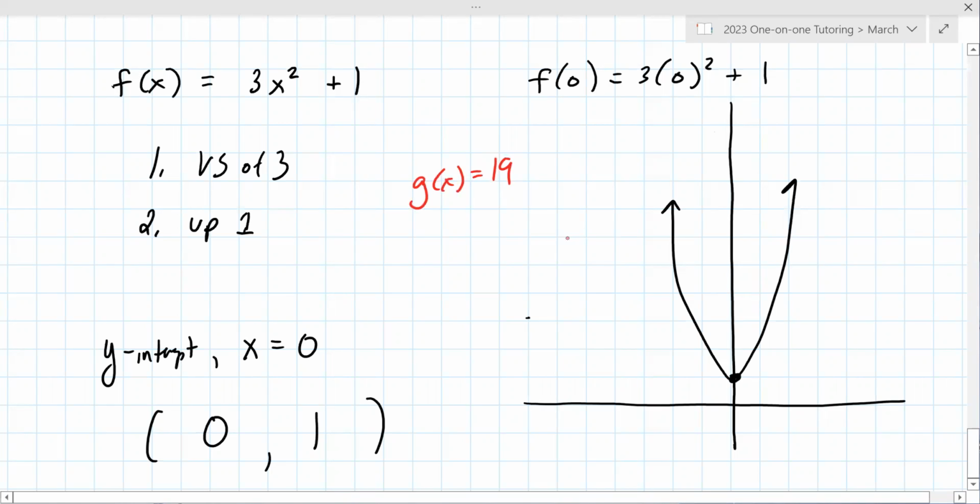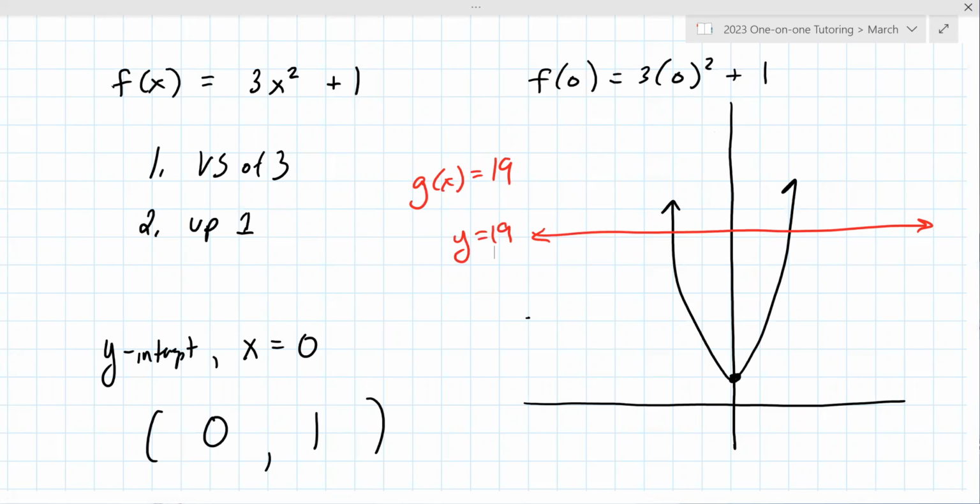Okay, so that's a horizontal line at 19. It's not to scale. Now the last part is to figure out where this 3x squared plus 1 equals 19.